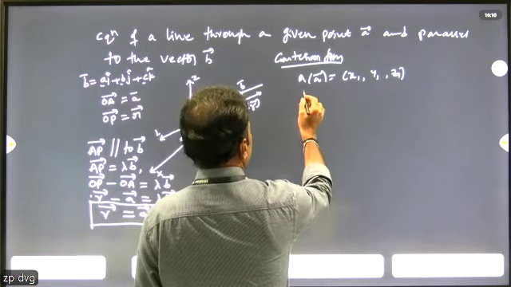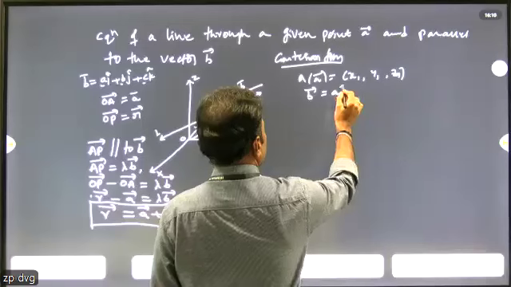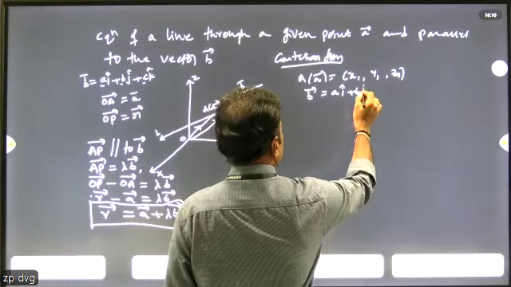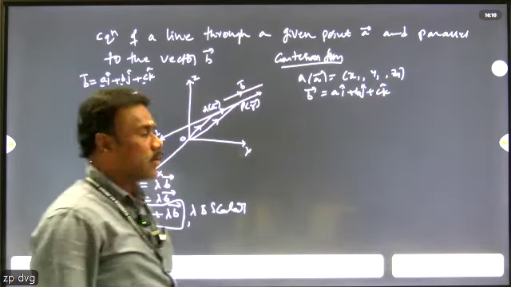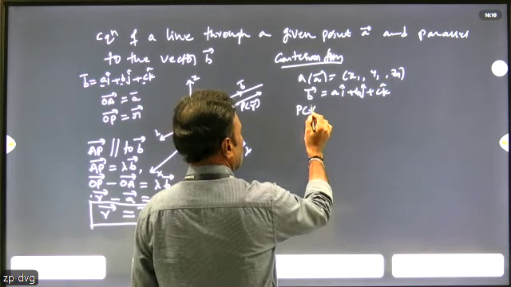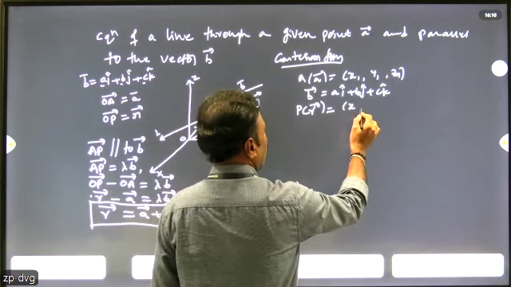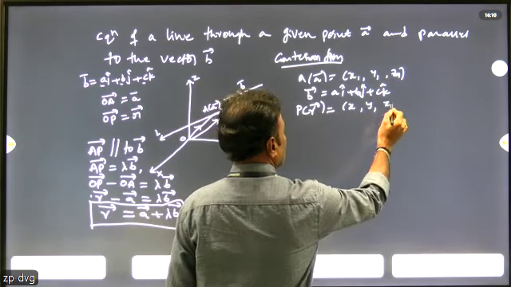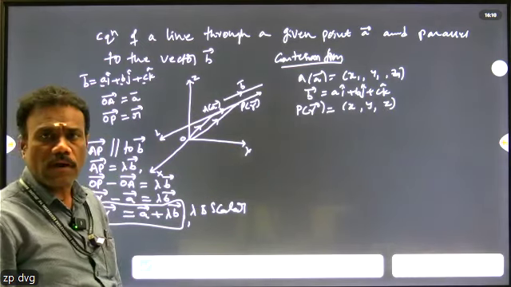And B bar is the vector A i cap plus B j cap plus C k cap, as already taken. And P, with position vector R bar, is any point on the line, which I am taking as (x, y, z) in component form.